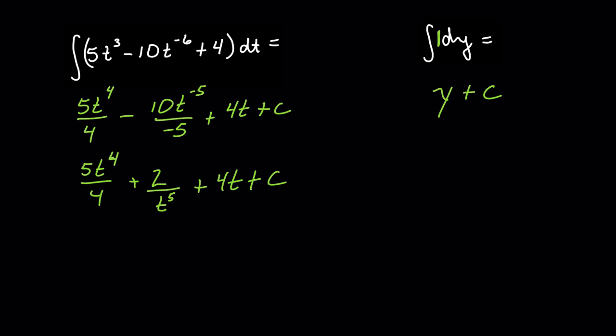So hopefully you learned a little bit about your integrals and how you find them. Remember, all you're doing is finding the antiderivative, and that antiderivative represents the area between the curve and the x-axis.